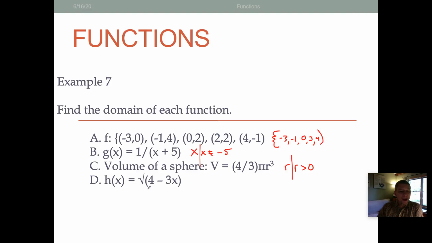Last but not least, we've got d, which is h of x equals the square root of 4 minus 3x. Now, I cannot have a negative number here.